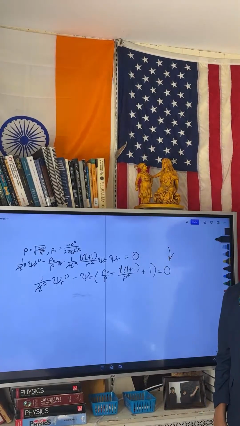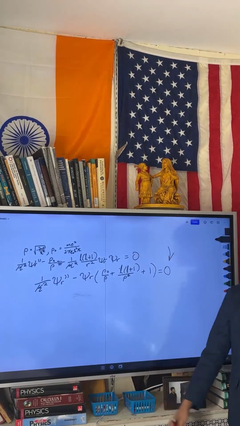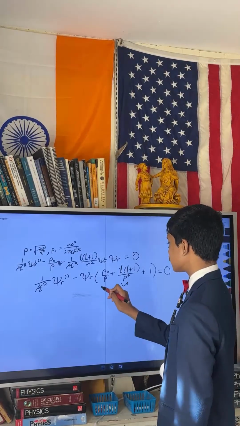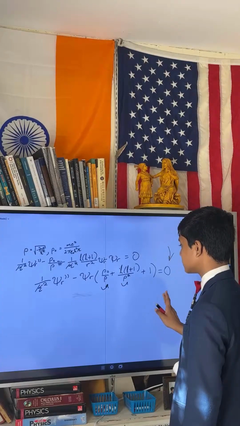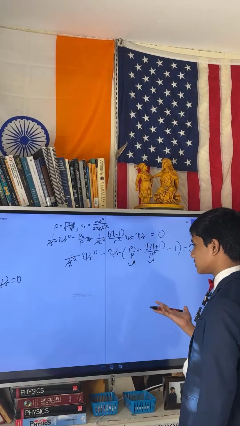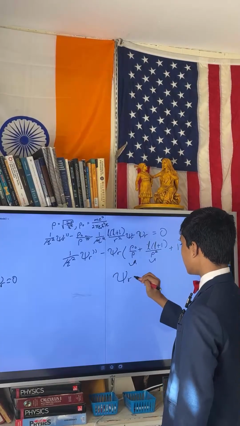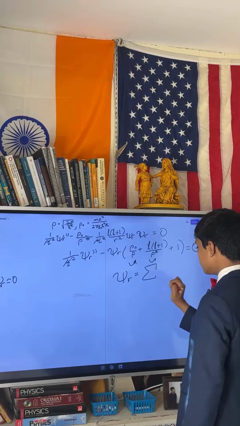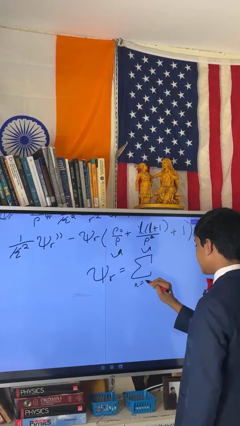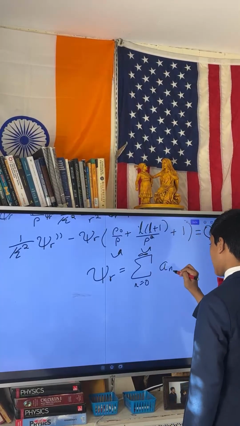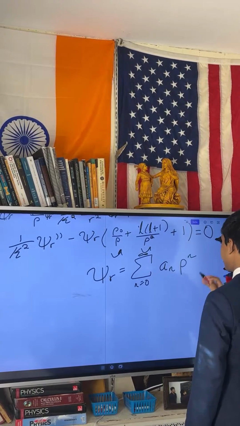And our first thought is, well, why not approach this with a power series? After all, we've got a bunch of nice decomposition right here. So what happens if we just try to plug in a power series? Let's assume psi r is equal to the sum from n equals 0 to infinity of a n rho to the n.